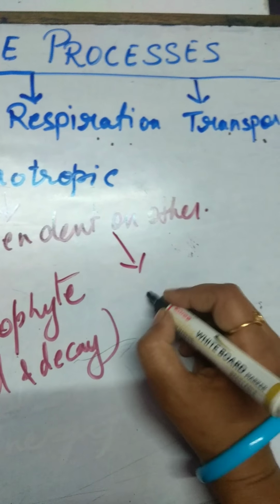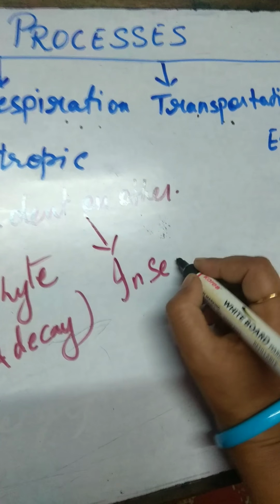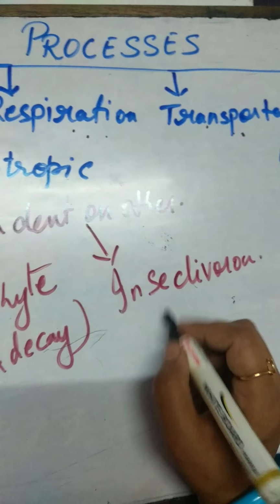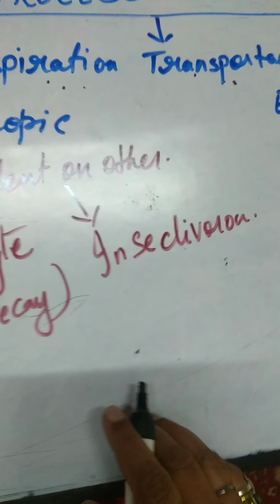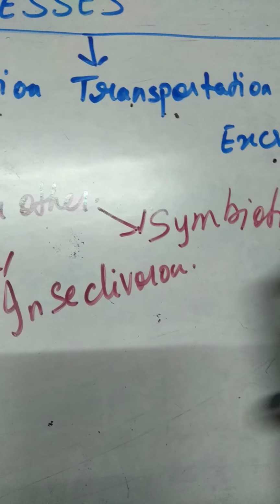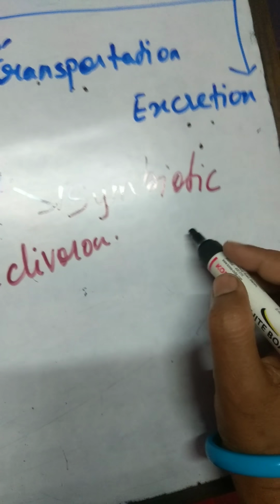Now, second may be insectivorous. Insectivorous means which feeds on insects. Next, symbiotic. Symbiotic means mutually beneficial relation.